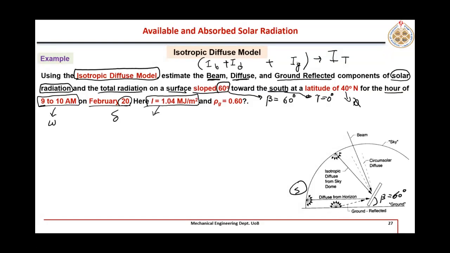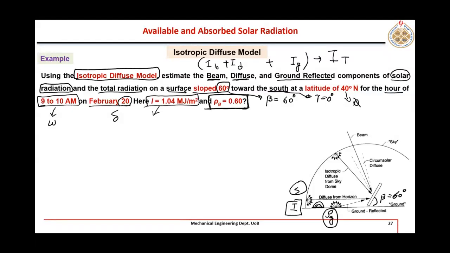Measured total radiation on a horizontal surface, this I. With the help of that pyranometer, they measured this radiation. And the ground reflectance is also given as 0.6, rho g, to calculate the ground reflected part of that radiation.